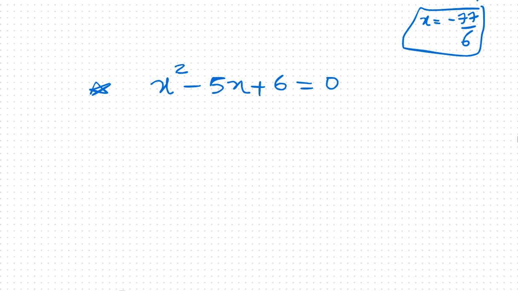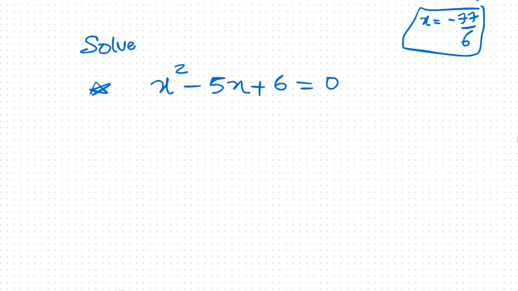The question is solve for x. What my teacher does is she puts product and sum, so you can factorize it by seeing what times what equals that and what plus what equals that.